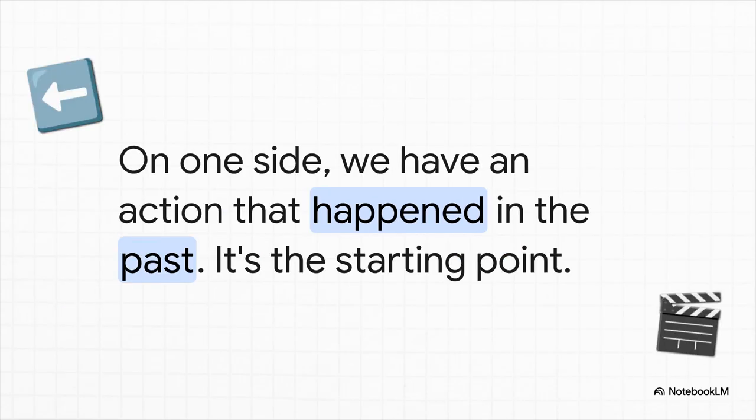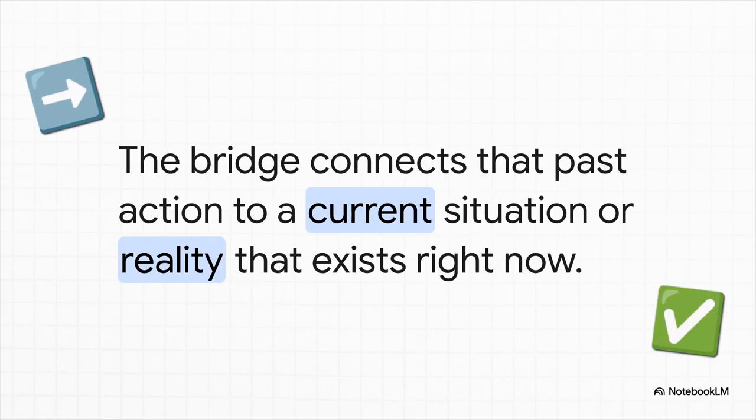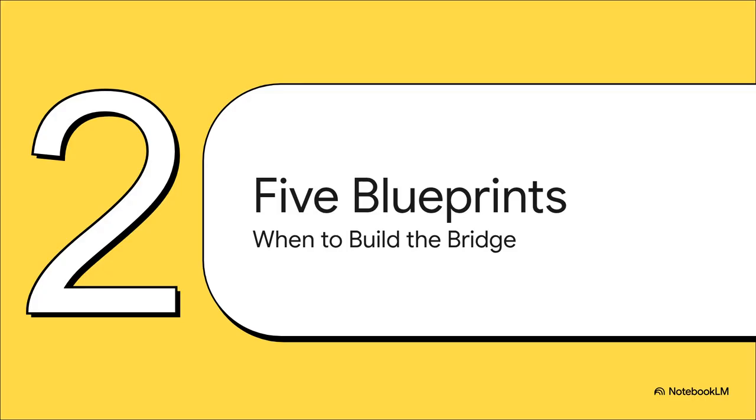On one side of the bridge, you've got the first anchor point, an action that happened sometime in the past. And that bridge stretches all the way across, connecting that past action to the other side, a reality, a feeling, or a problem that exists for you right now. A past event connected to a present situation. That's the bridge.